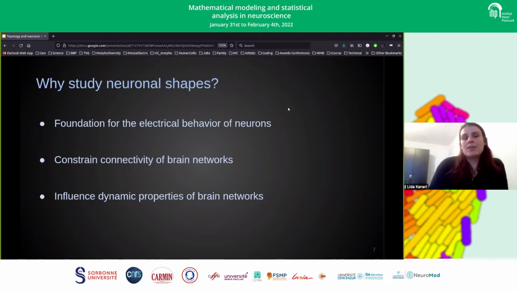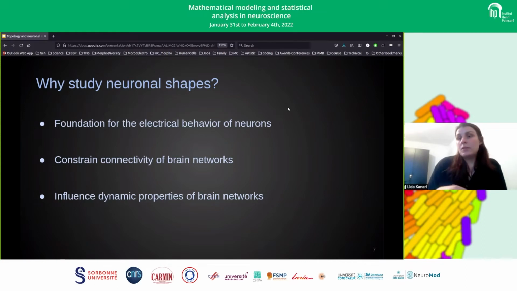A very simple example: you've seen all these different shapes in terms of branching, but what is not clear is that the thickness of these branches has a huge contribution to how the neurons behave electrically. So even the components that are not clear just by looking at the larger picture play a very significant role in how each of these neurons responds.